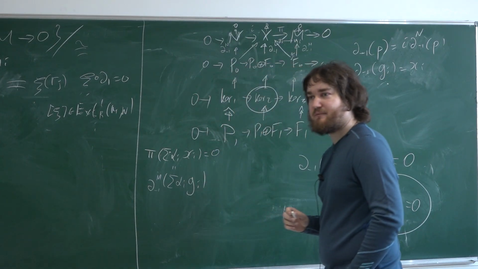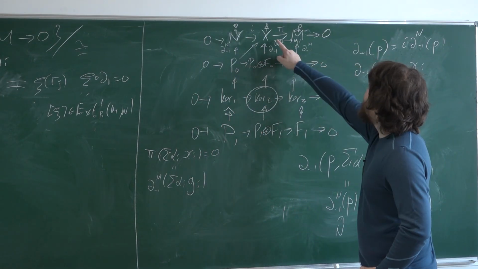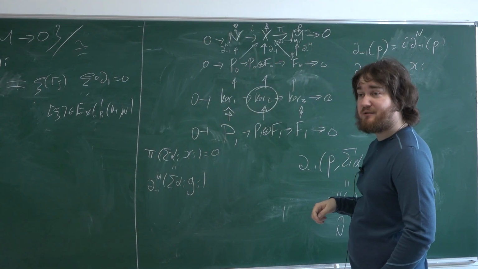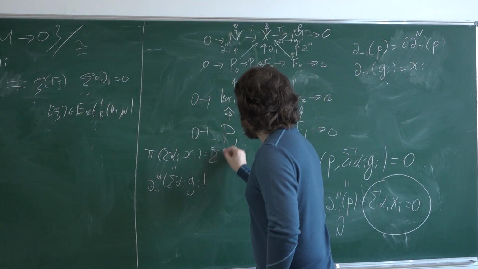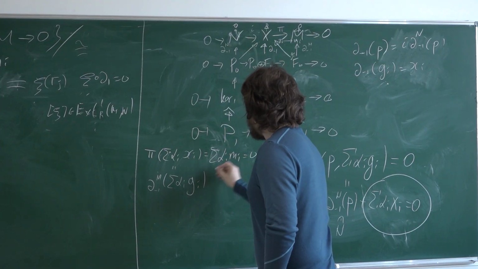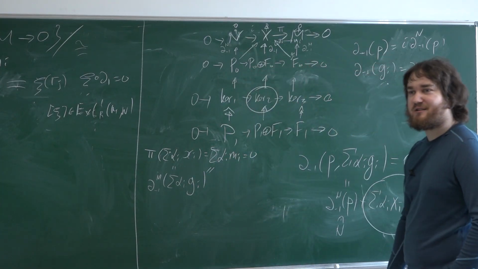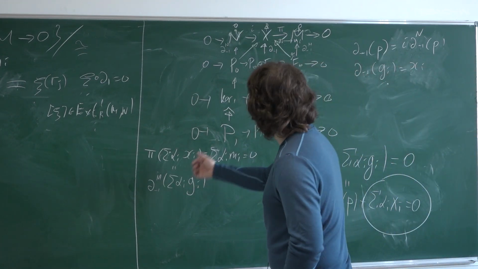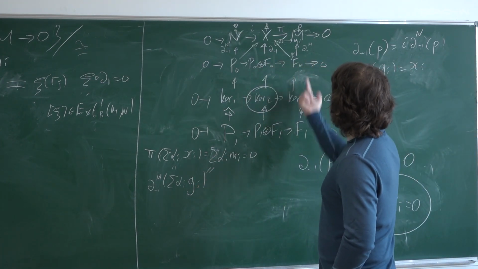This map is just this map, the composition. So alpha i mi is 0, by definition. So it's in the kernel of this map, and I know this kernel is just the image of F1.